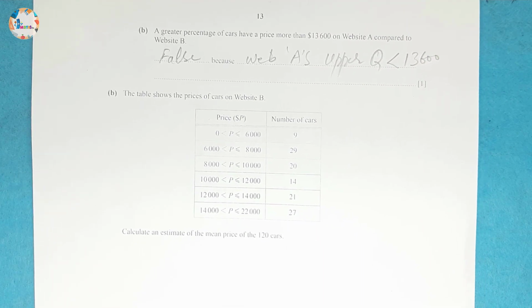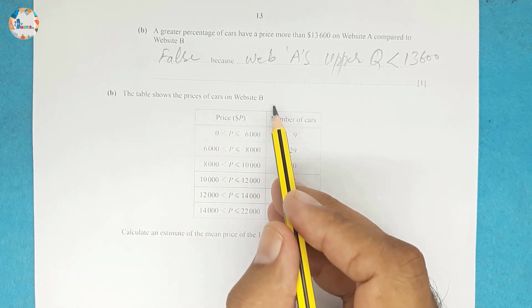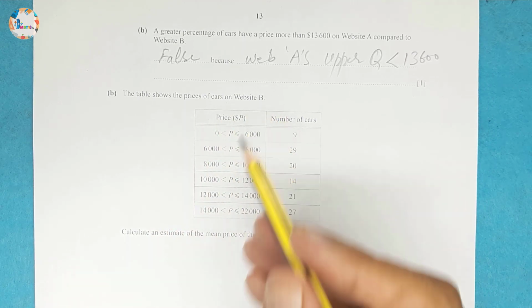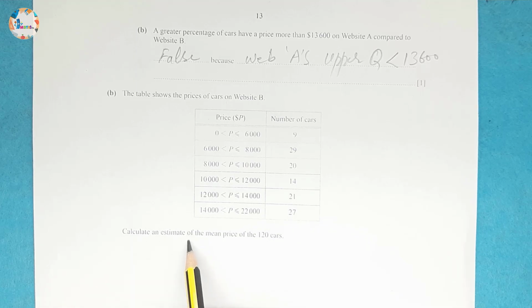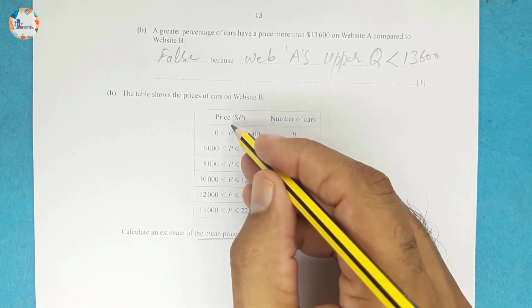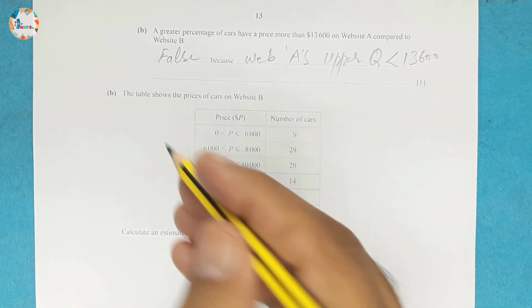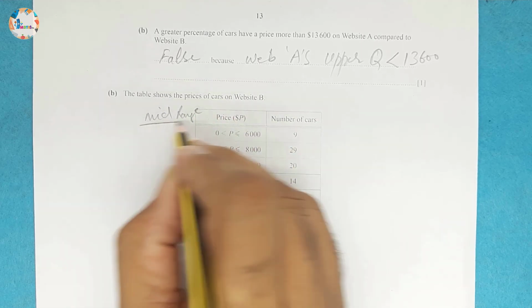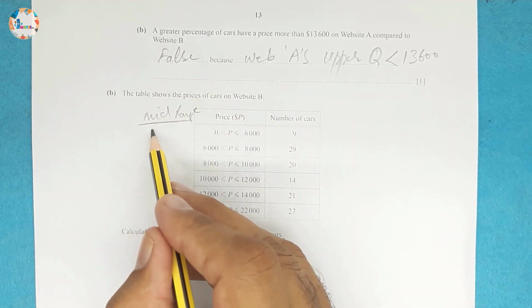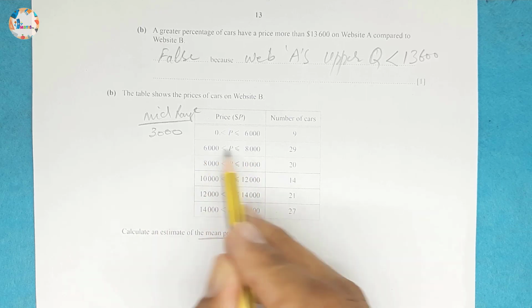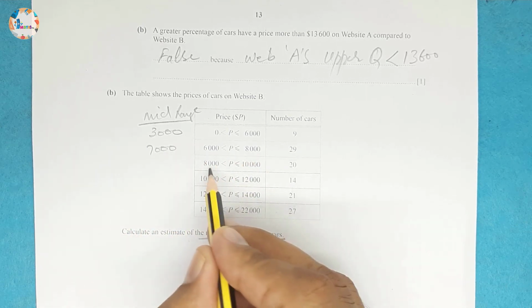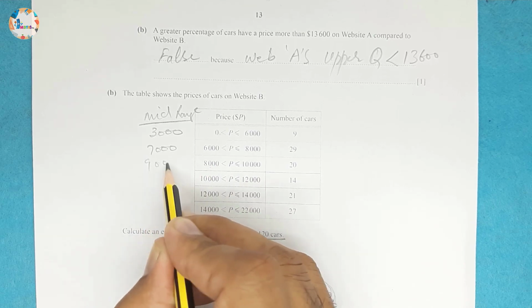Now B part, the table shows the prices of the cars on website B, and we have to estimate the mean price of 120 cars. For mean price we will be checking the midpoints, and we can write here midpoint will be equal to, divided by 2, so 3,000, and this one will be 7,000, and this one will be 9,000.